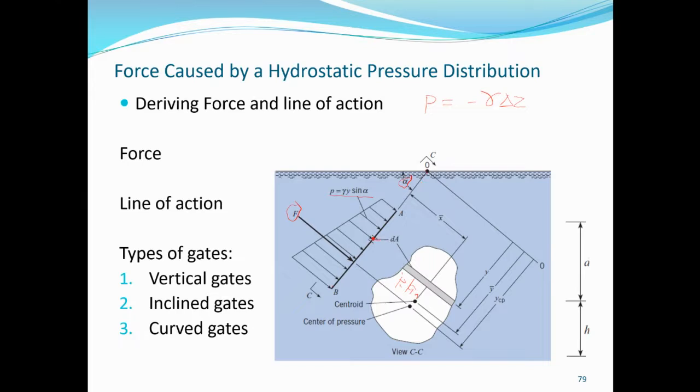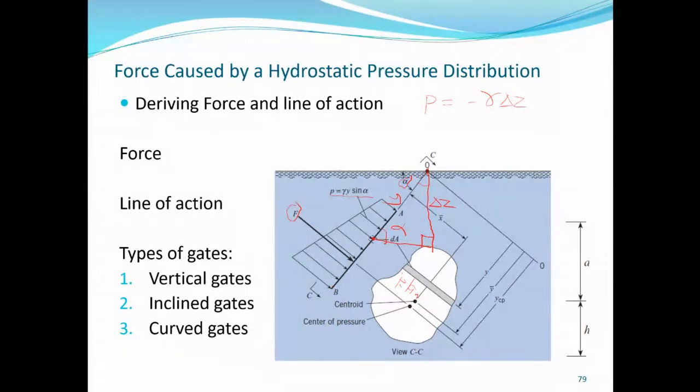The vertical distance to this point, if we draw a horizontal line and a vertical one, this is 90 degrees, so this is delta z. And this is y, so the hypotenuse is y. And this angle is alpha.